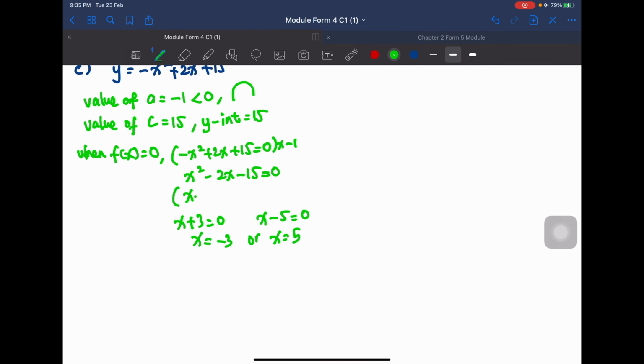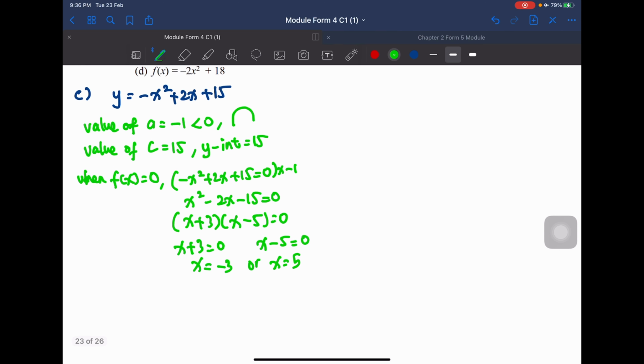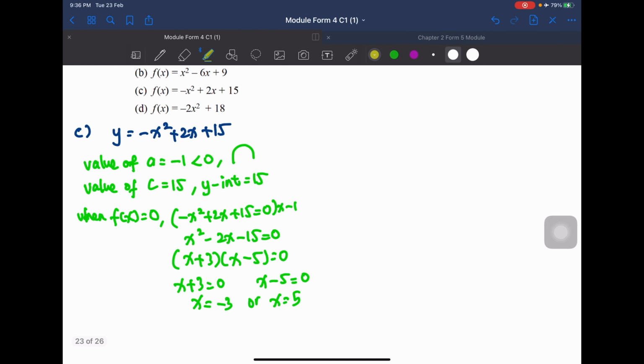So kurungkan x plus 3, x minus 5 equals to 0. Okay, so check. Bentuk dah ada, sedih, y-intercept dah ada, 15, roots pun dah ada, negative 3 dan 5. Okay, ingat kalau bentuk sedih nak cari roots, positifkan A dia terlebih dahulu untuk memudahkan kita je sebenarnya.